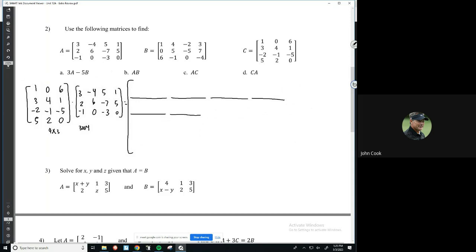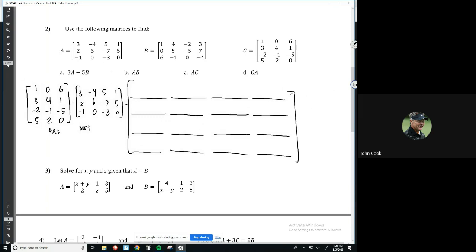2, 3, and 4. And then we'll show the work. All right, so it's rows by columns. All right, so row number 1 is 1, 0, 6. So 1 times something, 0 times something, 6 times something. Then I do that little thing. So just fast forward it until I'm done. Oops.